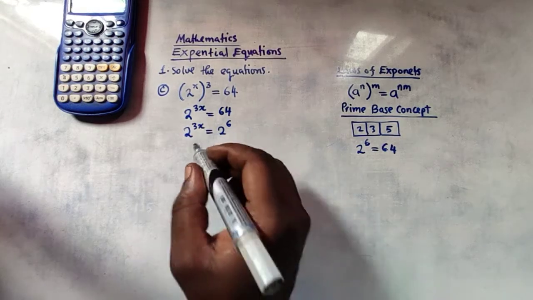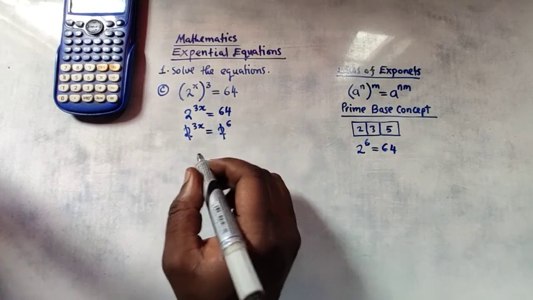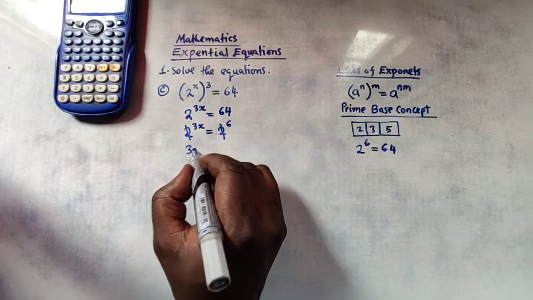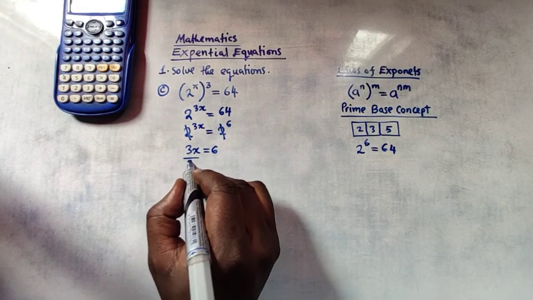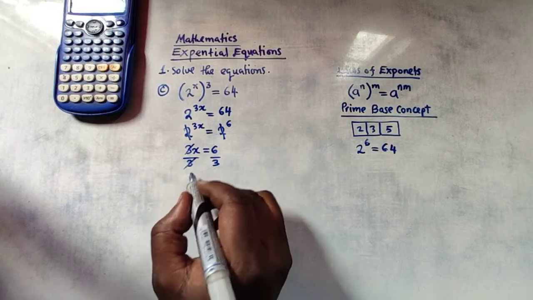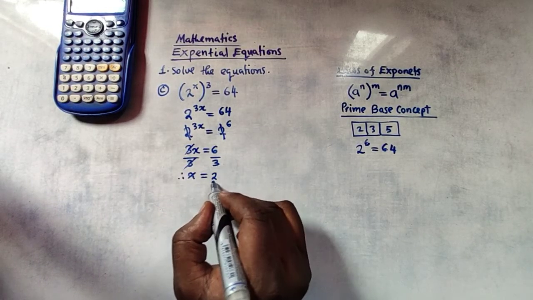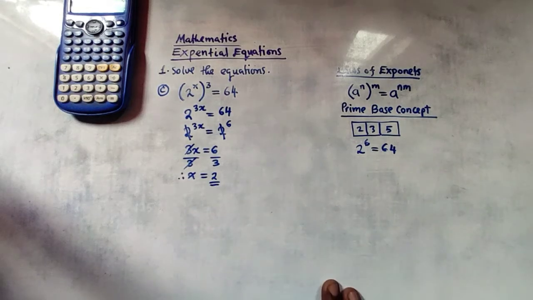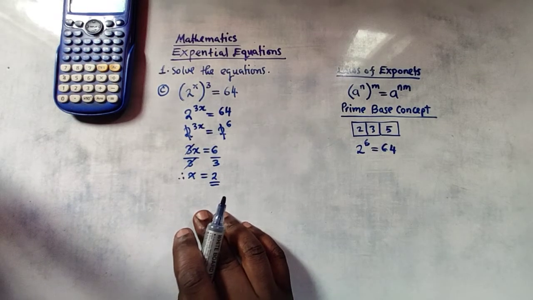So we remain with 3x equals 6, and if we divide by the coefficient 3 on both sides, the value of x is equal to 2. This is how you were supposed to solve the question I gave you in the first video.